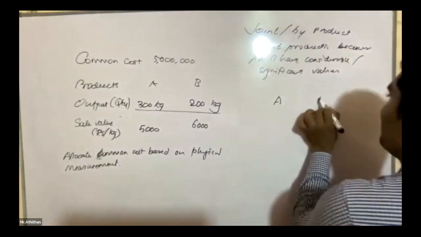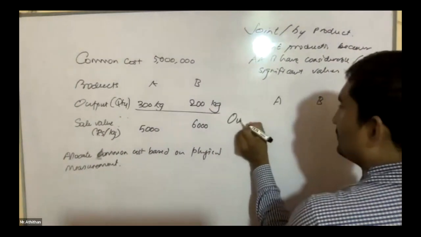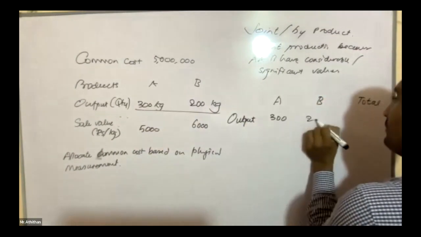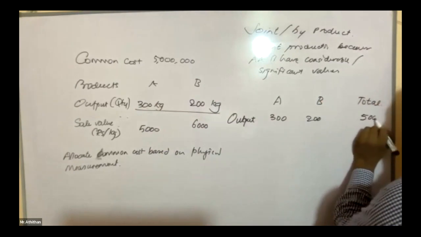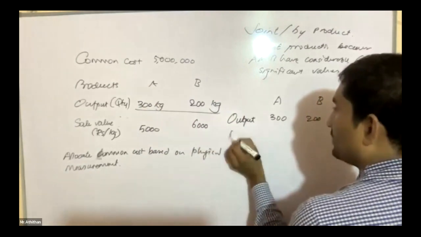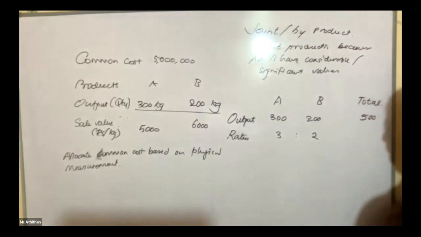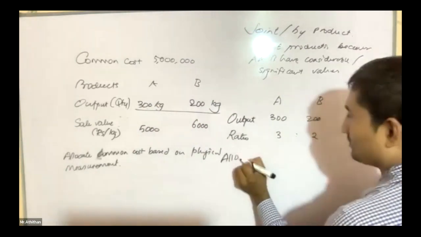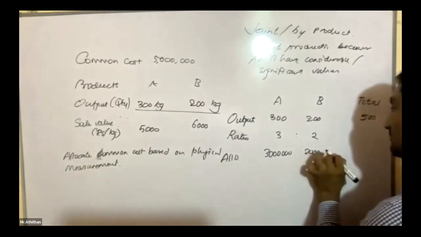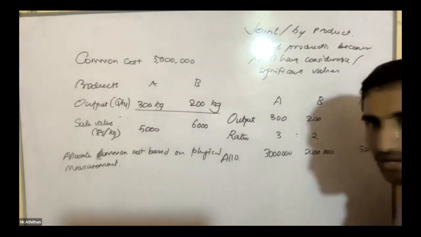A, B, total. Output: 300, 200, 500. Ratio 3:2. Allocation, that's all, right?